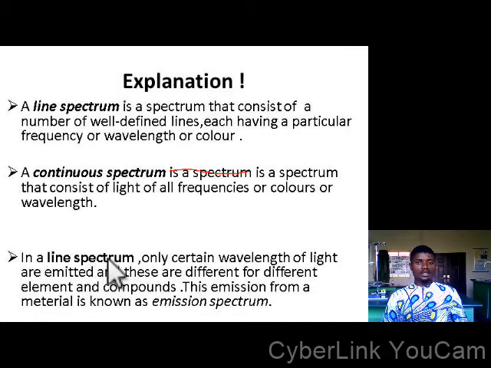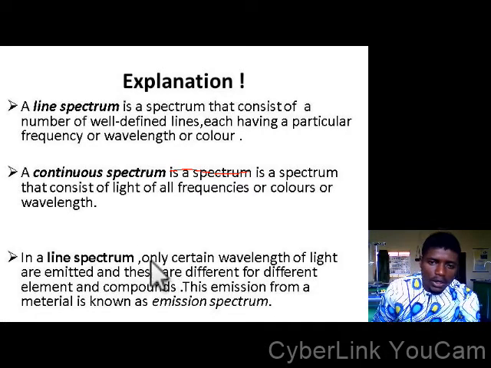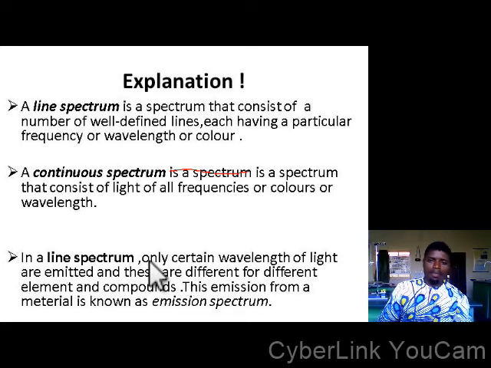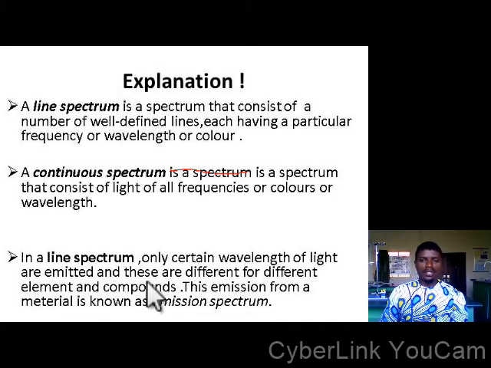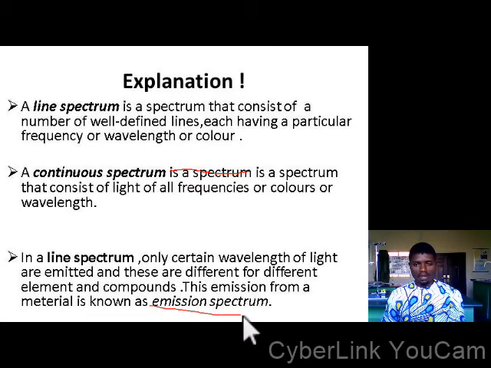In a line spectrum, take notes, only certain wavelengths of light are emitted, and these are different for different elements and compounds. This emission from a material is known as emission spectrum. This is the root of what we call thermionic emission.